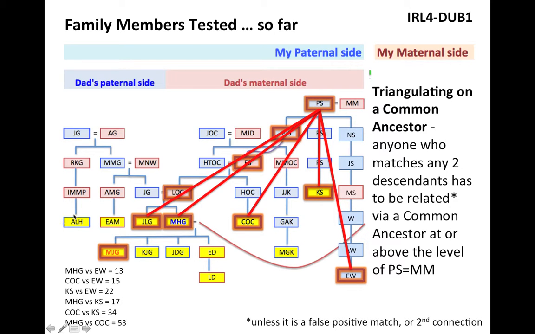Some of these first cousins will be related via the Spearin side of the family, and some of them via the O'Carroll side of the family. So one way that we could separate out those two would be to look at a specific O'Carroll family member, see what matches we have with him, and subtract any of those from this particular group of 53 here.